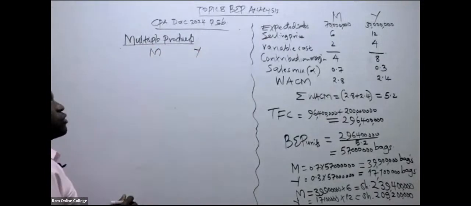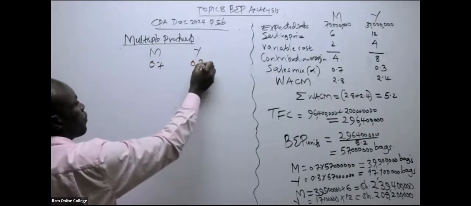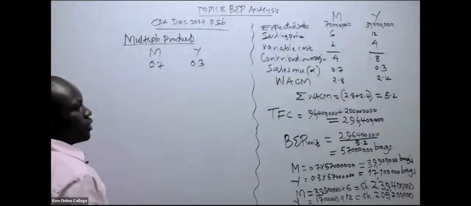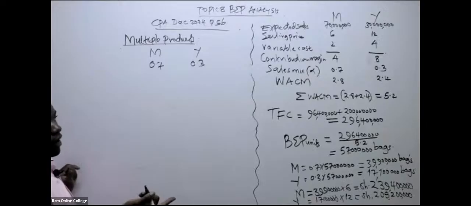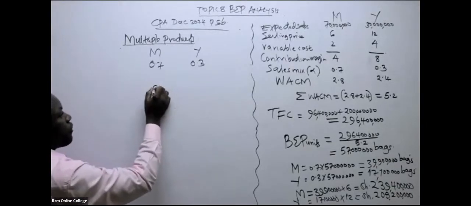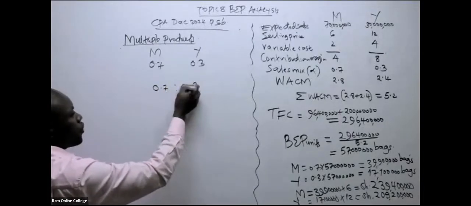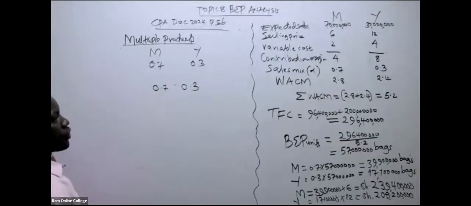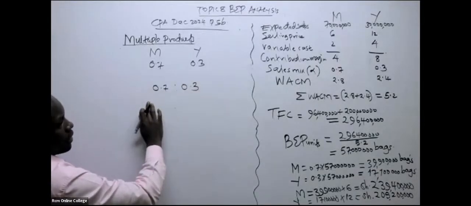So what if in a question you are given 0.7 and 0.3? So the proportion is 0.7 to 0.3. What I will do is very, very simple. How do I get the proportion? I will say 0.7 is to 0.3. Of course, I'll talk about 1, then I have something this other side.